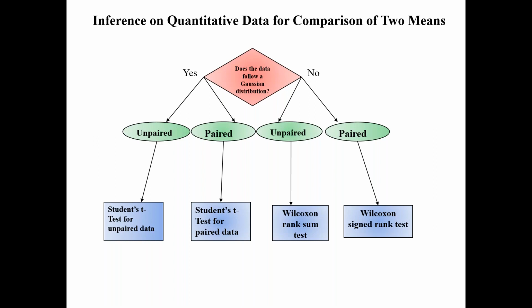When I say paired, that means some intervention is done and then we try to find out its effect. Let us say I give ferrous sulfate, an iron tablet, to a group of boys. Before giving iron tablets, I find the hemoglobin level. Its mean is 12 grams per deciliter.